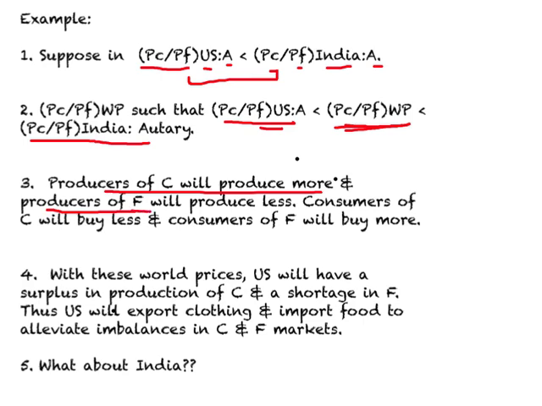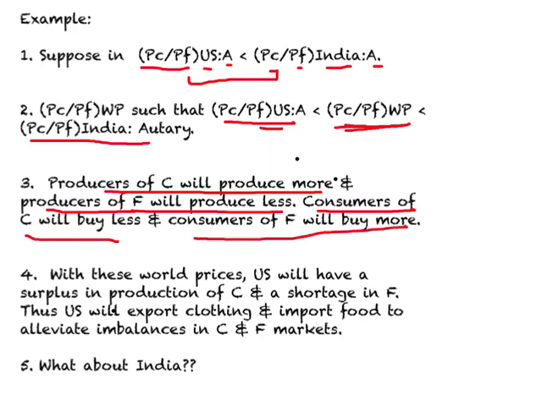So producers of food in the US will produce less. What will consumers do in the US? When the relative price of clothing becomes higher due to international trade, consumers of clothing in the US will buy less, and consumers of food, because the relative price of food has fallen, will buy more.